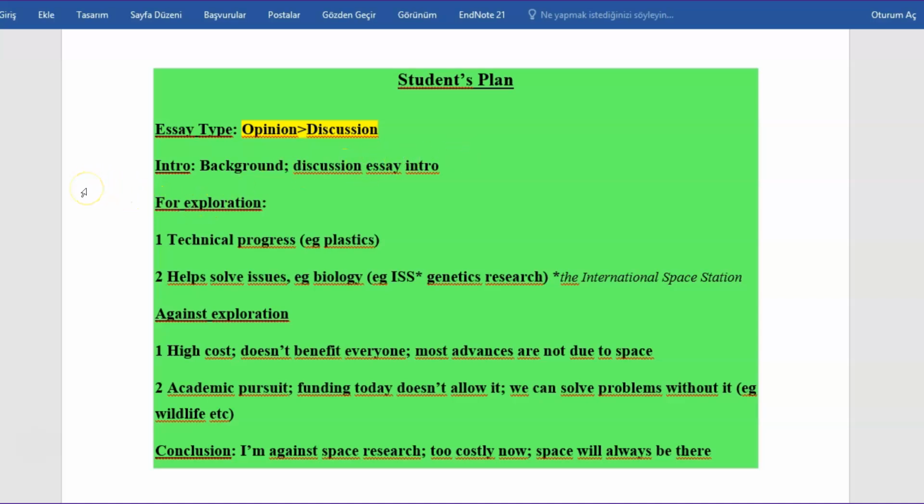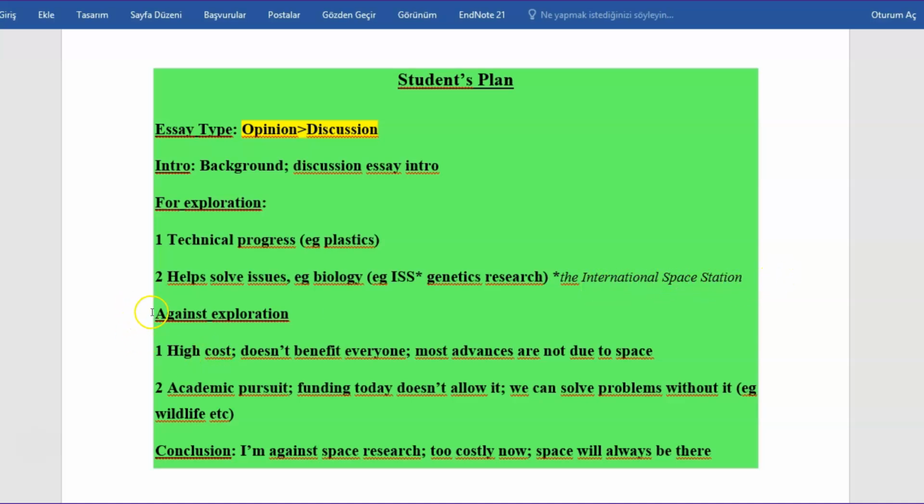For exploration we have: number 1, because of technical progress, for example, plastics, and number 2, it helps solve issues such as biology and ISS or genetic research. For example, ISS is the abbreviation of the International Space Station.